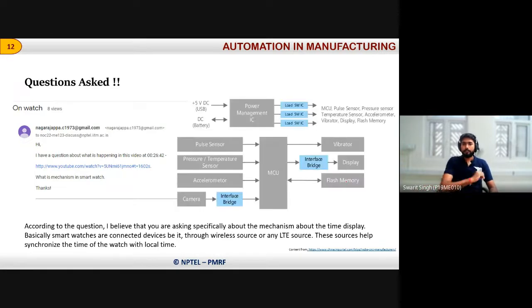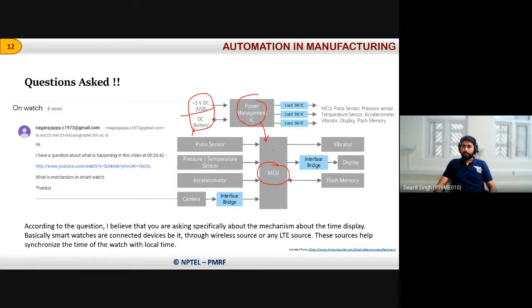I'm just showing you the mechanism, or the components, that are there in the smartwatch. In any smartwatch, there is a microcontroller unit, powered with some DC source, or we charge it through USB. With the charger, there is a power management IC unit that stores the power and then supplies it to the microcontroller.